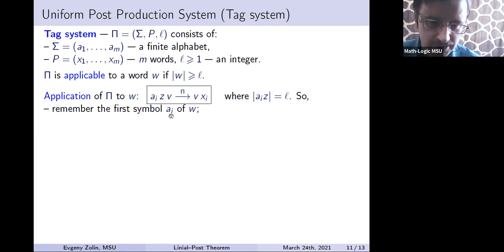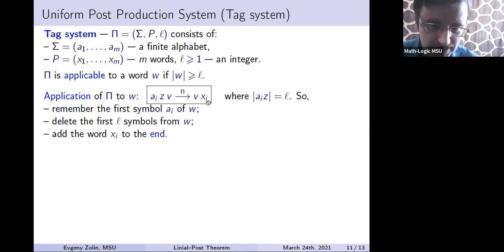Okay, it is a symbol number I. Then we simply remove the first L symbols from W. Recall that our word has at least L symbols. Remove exactly the first L symbols, and then write the word XI to the end, not to the beginning, but to the end. That's it. A very simple transformation of words.